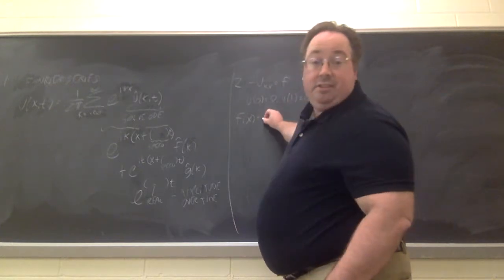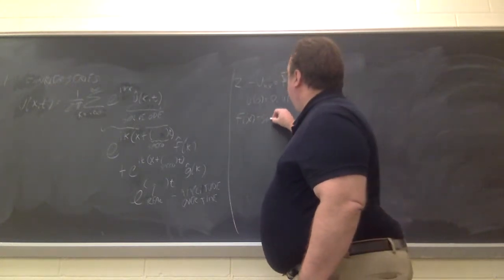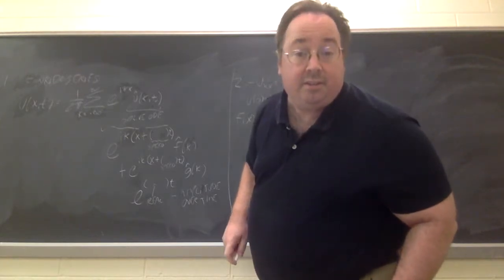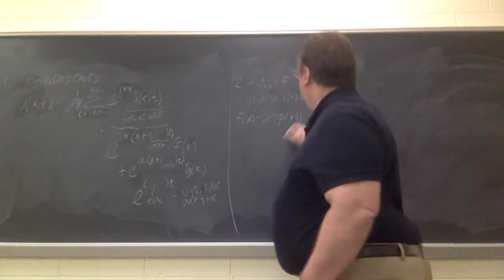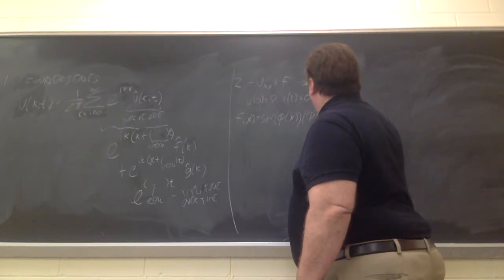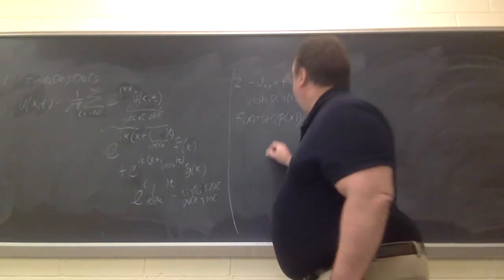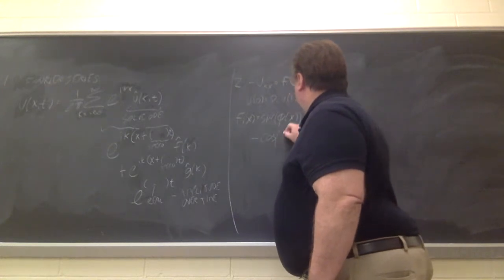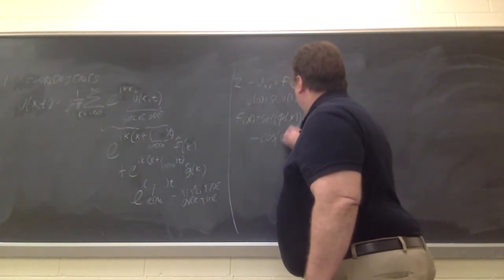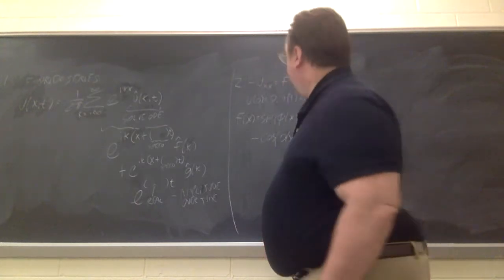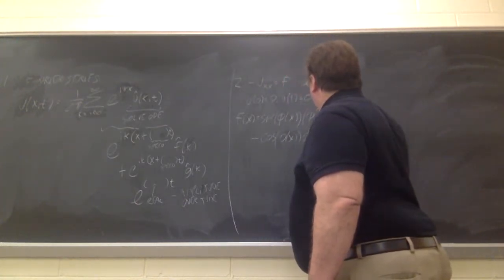So f of x is sine 5x times phi prime squared minus cosine 5x phi double prime x.